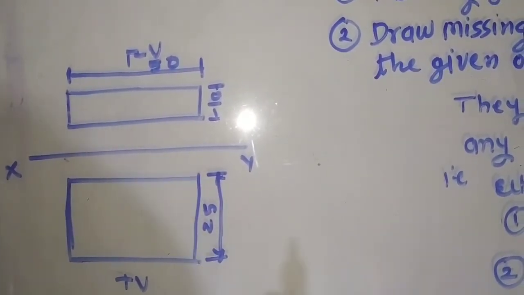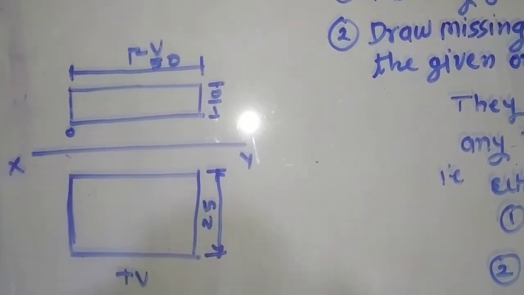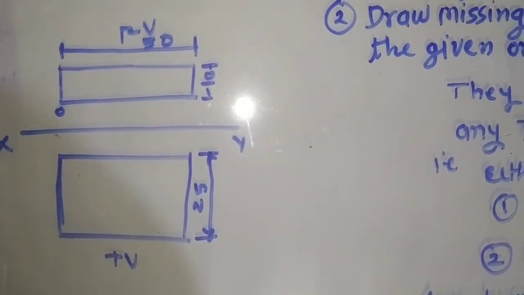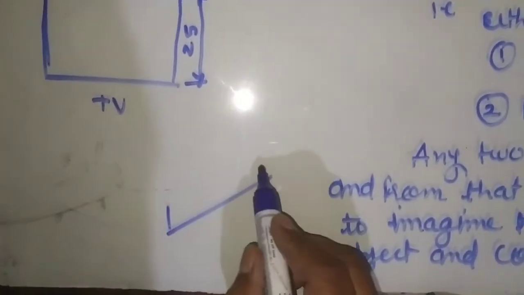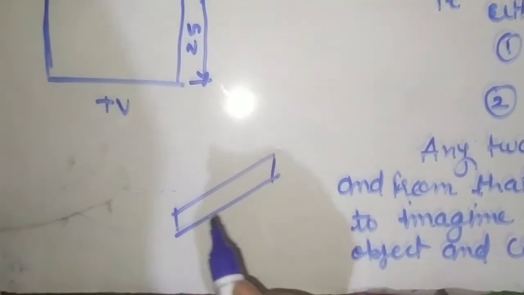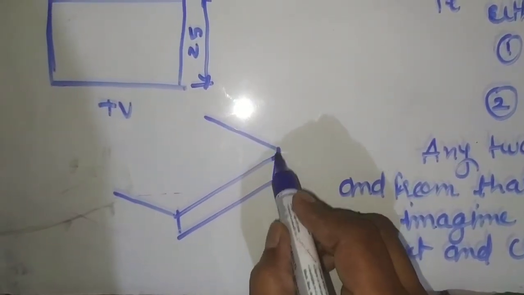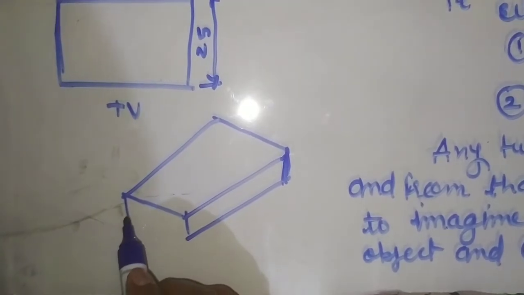For that you should be able to recall your isometric view. I put the point O here, and now I will draw the isometric view. This is your front view and this is your top view, and I will complete this view.